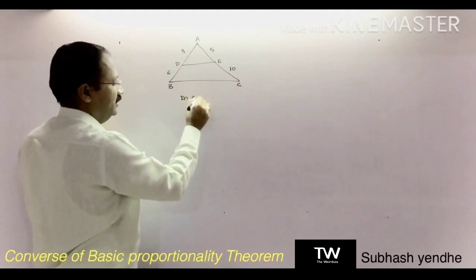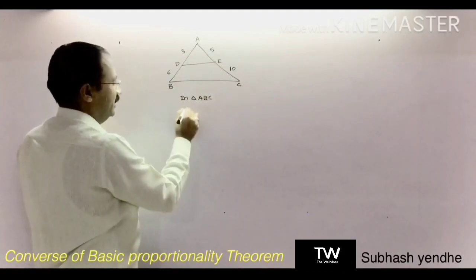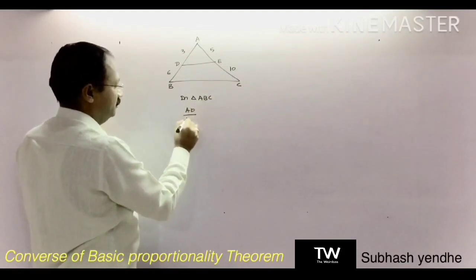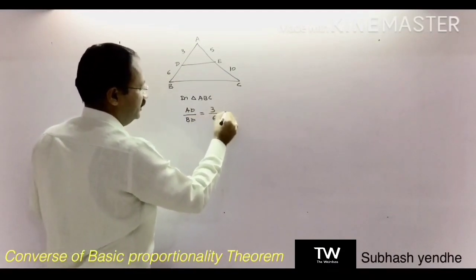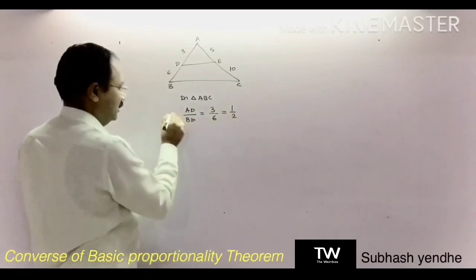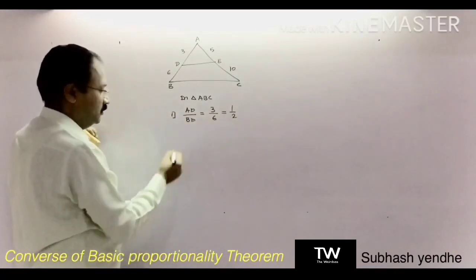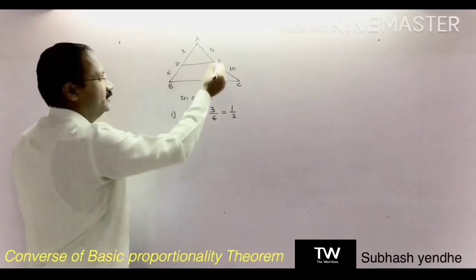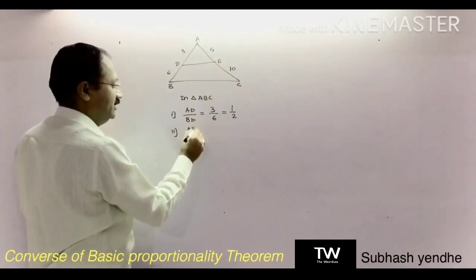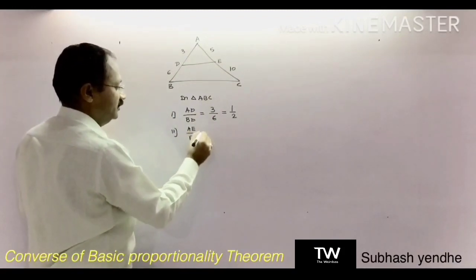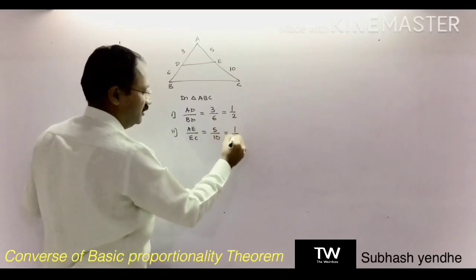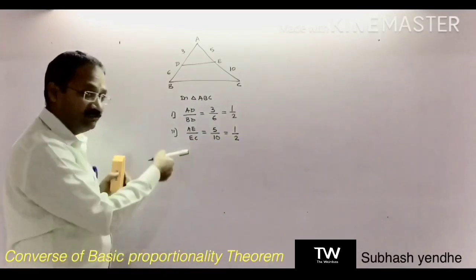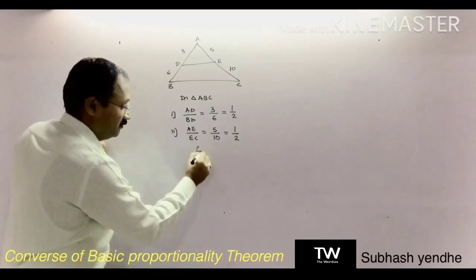In triangle ABC, AD upon BD equals 3 upon 6. The ratio is 1 upon 2. For the second, AE upon EC equals 5 upon 10, which is 1 upon 2. So what do you observe from these two?